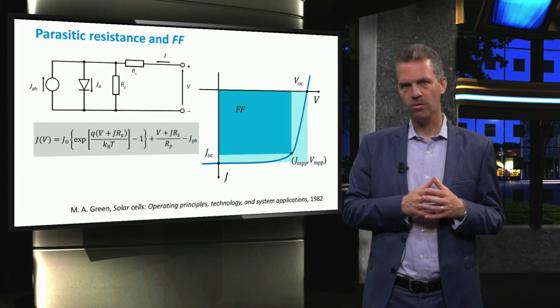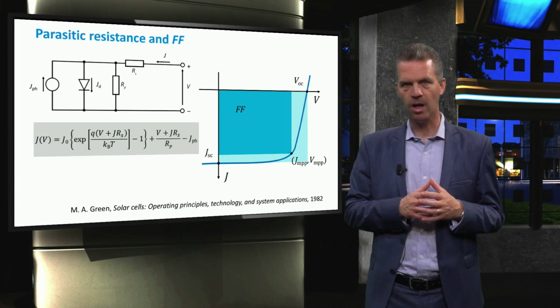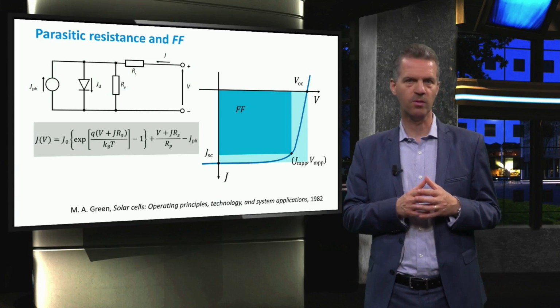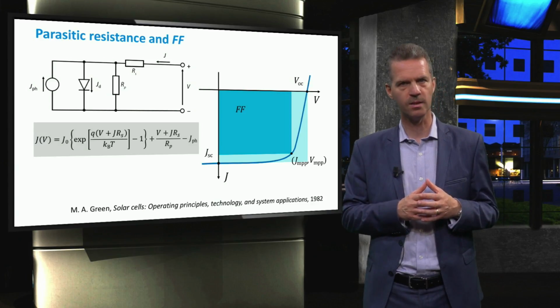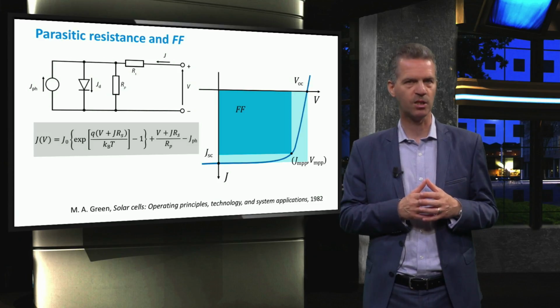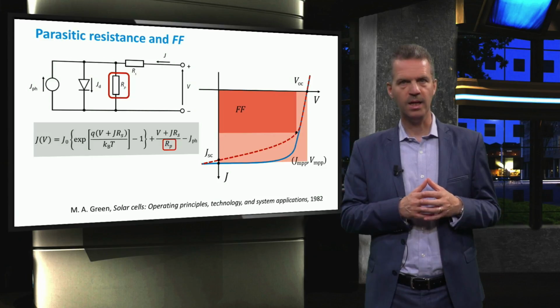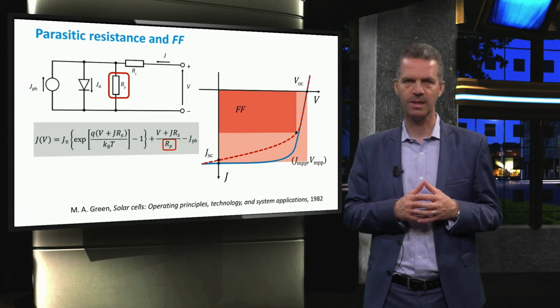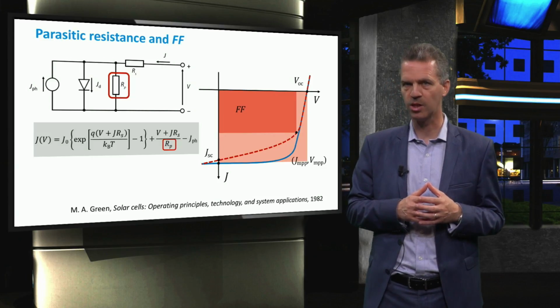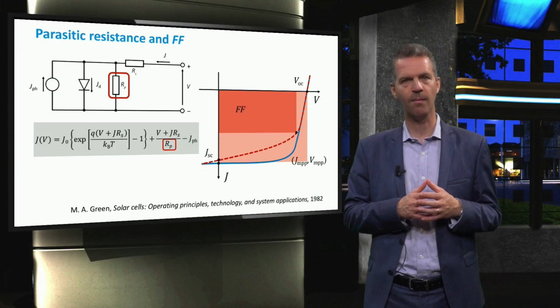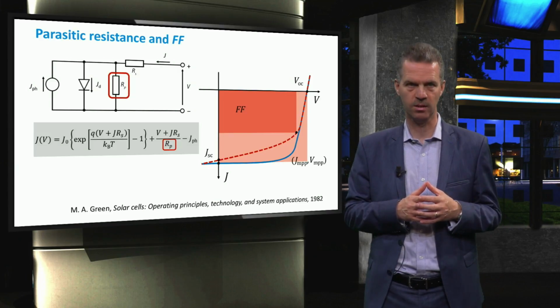The JV characteristics for the single diode model, taking into account the series and shunt resistances, is given by this expression. When the shunt resistance RP is decreased, the fill factor of this cell will decrease by having a steeper slope at the intercept with the current density axis.